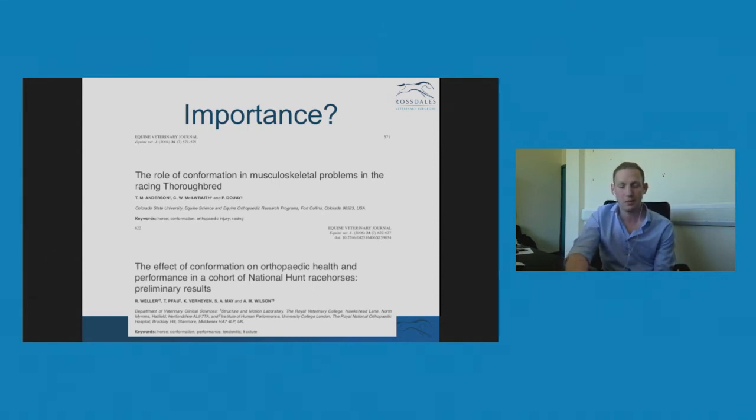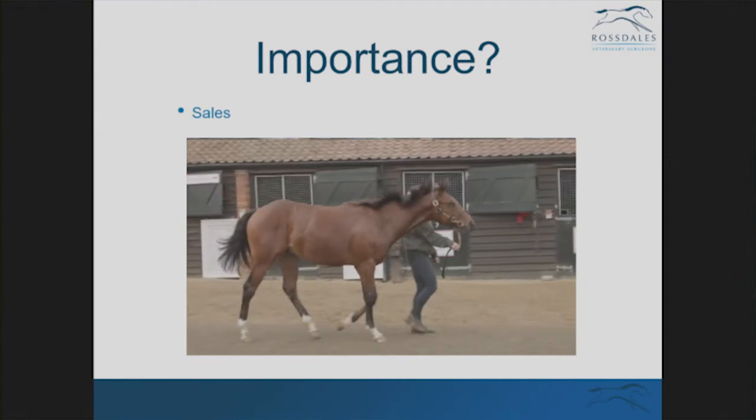This paper by Anderson et al. showed that offset knees in a group of horses contributed to those horses having more fetlock problems. And then another paper by Weller et al. showed that valgus deformation was actually demonstrated to be increasing the horse's risk of injury. So again, not huge numbers and not huge amounts of literature, but there is some basis in the science.